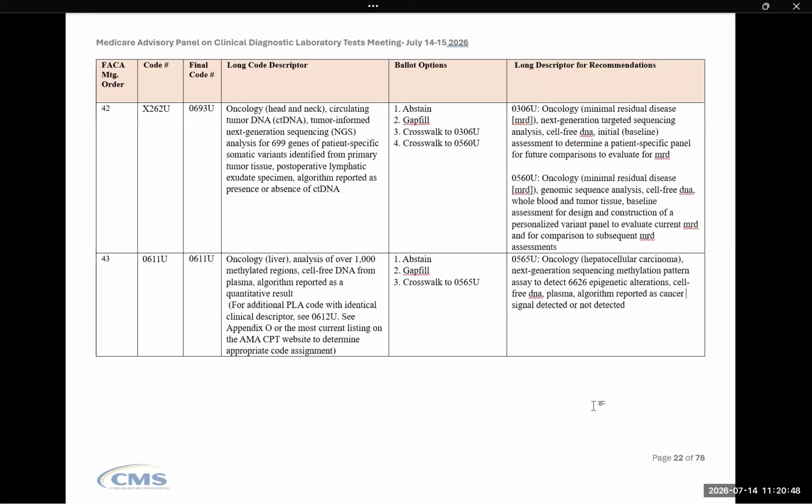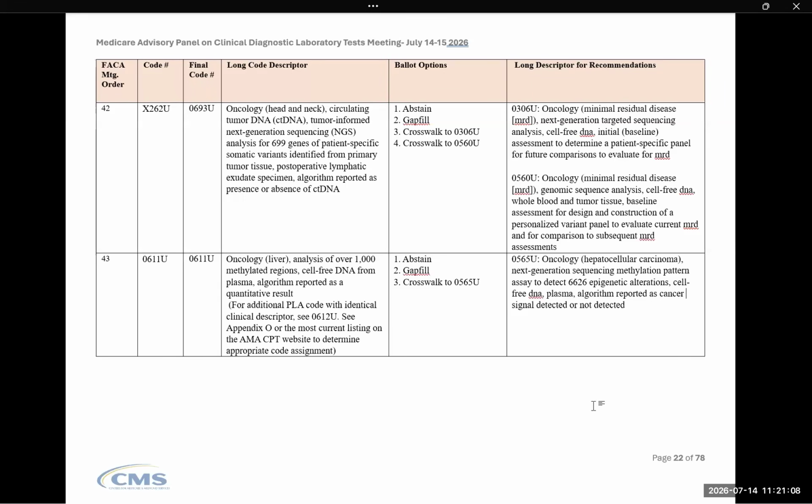There are 2 codes that this can crosswalk to. The matching codes are 0306U and 0560U, which are both tumor-informed MRD baseline codes with matching methodology.